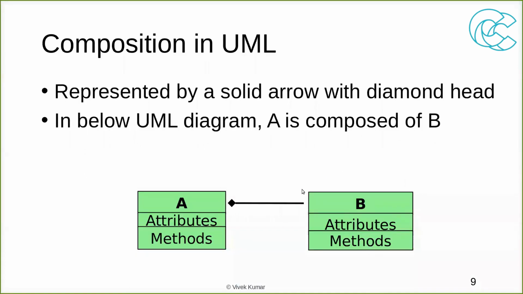And the way to represent this in UML diagrams is through this symbol. A is composed of B, so B's instance is created within A. Then you have this dashed line which doesn't have any direction, but on the side of the composition you have this particular symbol, right?